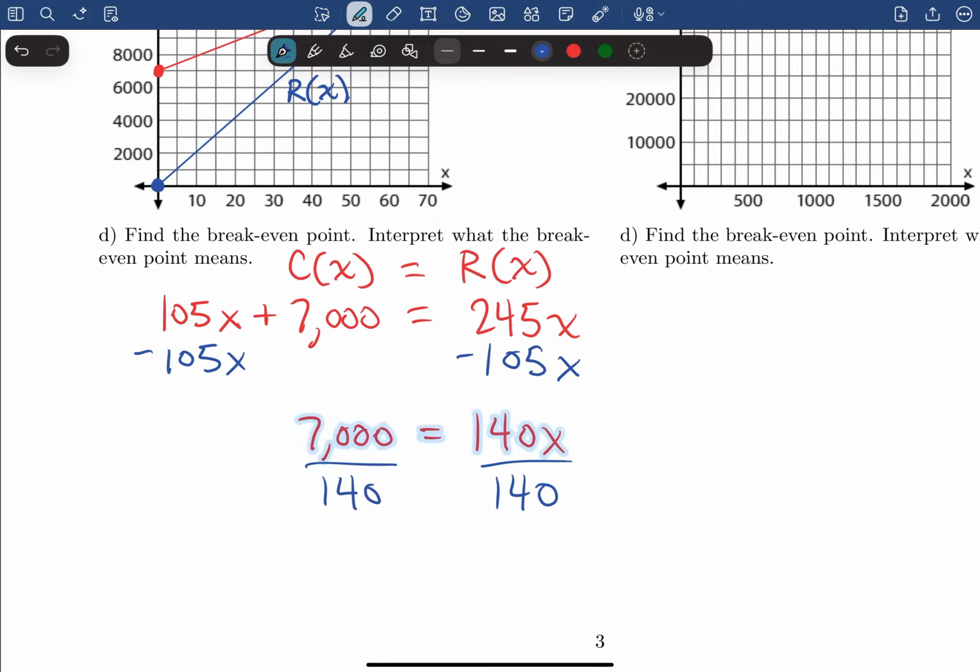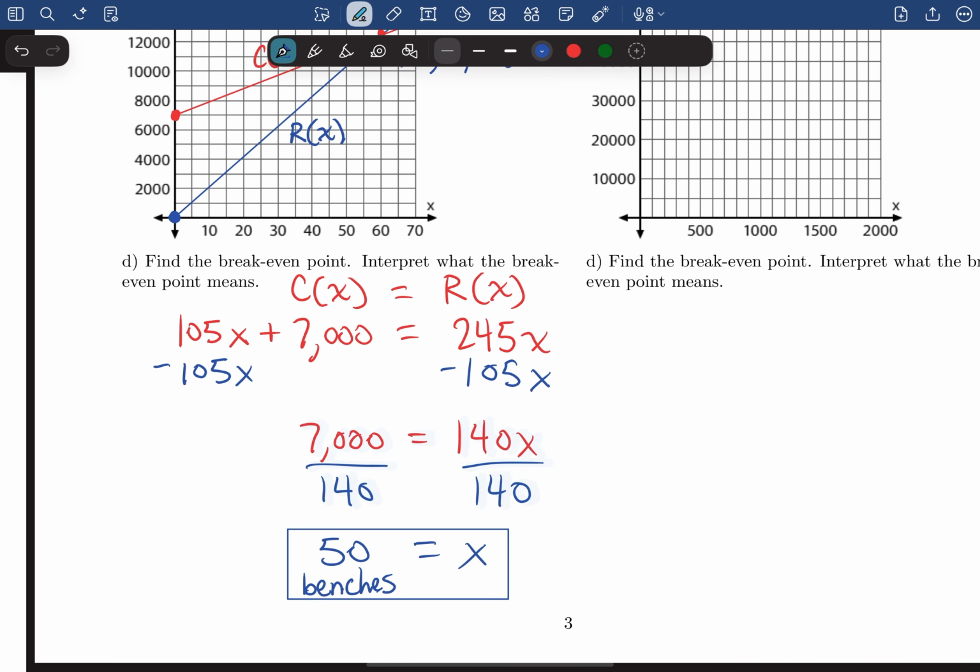And I have solved for x. And it just so happens that 7,000 divided by 140 gives me 50. Okay, so the break-even point, the number of benches that need to be sold for the costs to equal the revenue to break even and start making a profit, is 50 benches. I have to sell 50 benches total.